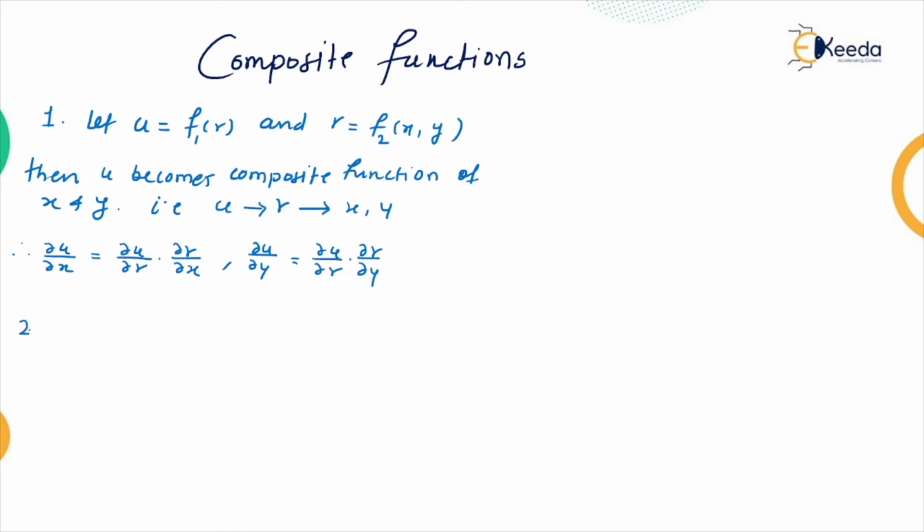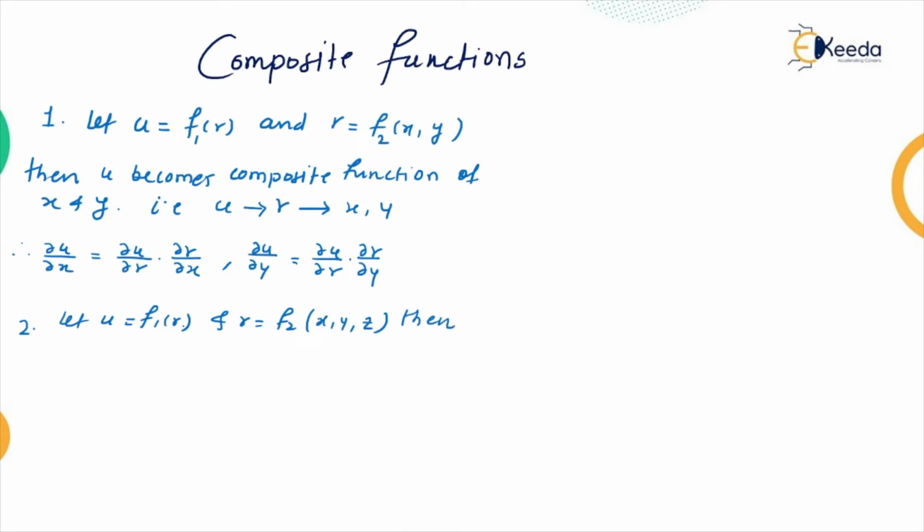Number two, consider again that u is a function f of r, and r is a function of two or more variables. Suppose r is a function of x comma y comma z.